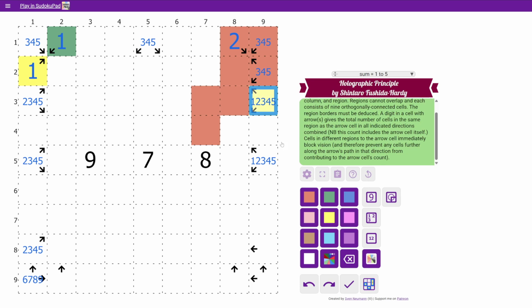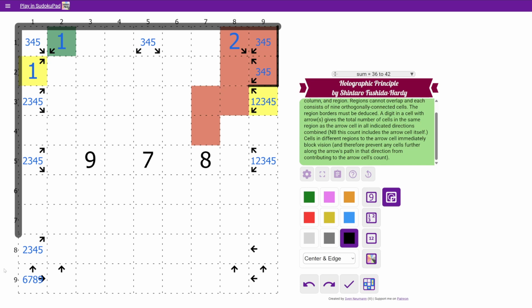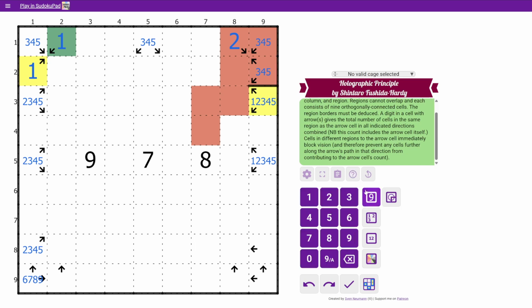I will make that one yellow as well. So then we get a border started there. Yellow has to come on out.